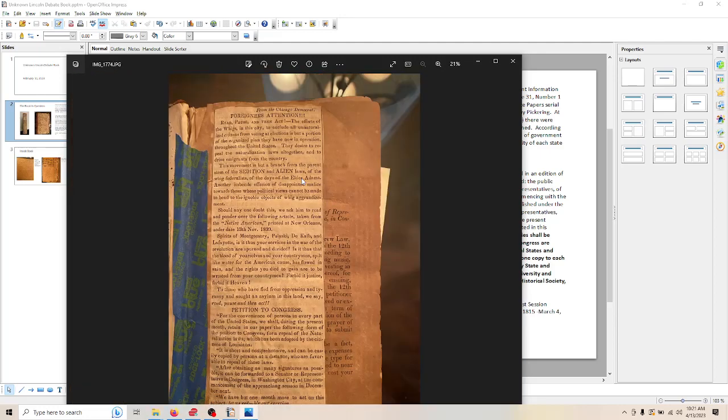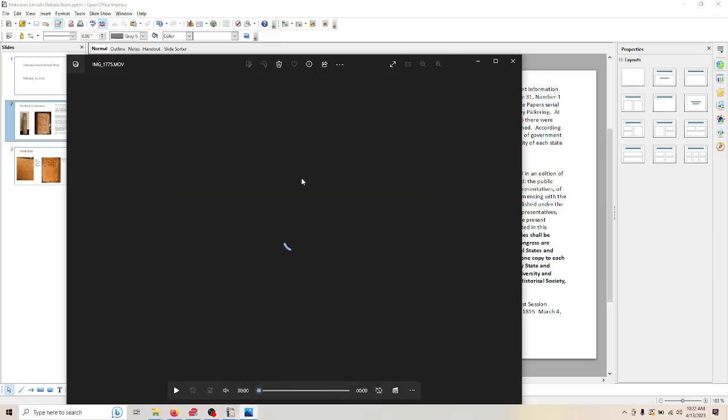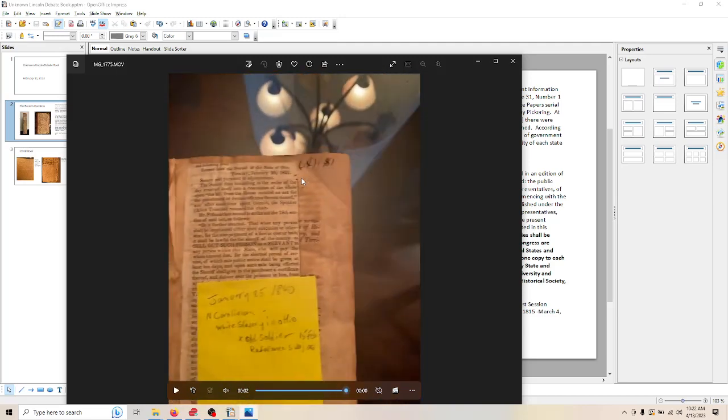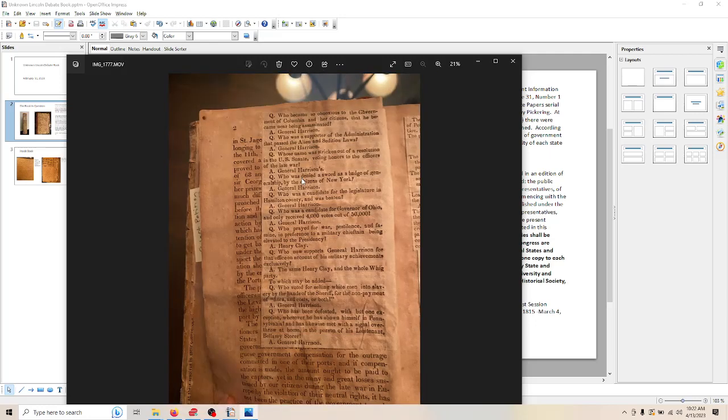The articles within this book are from between, if I'm looking at them correctly, late 1839 to mid 1840, and he would have used this book sometime between 1839 and mid 1840 as part of the William Henry Harrison Whig campaign for presidency.